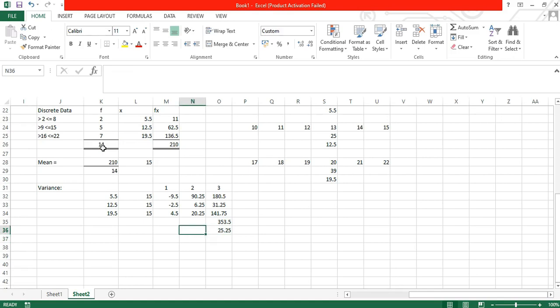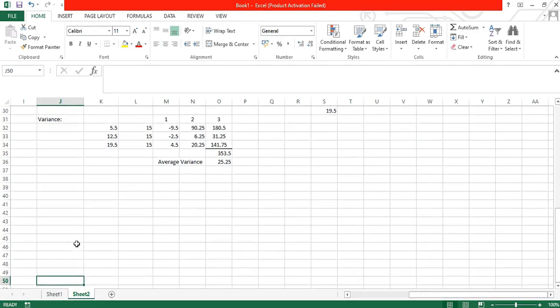You get an average variance of 25.25. Get it? This is how you work out stuff.